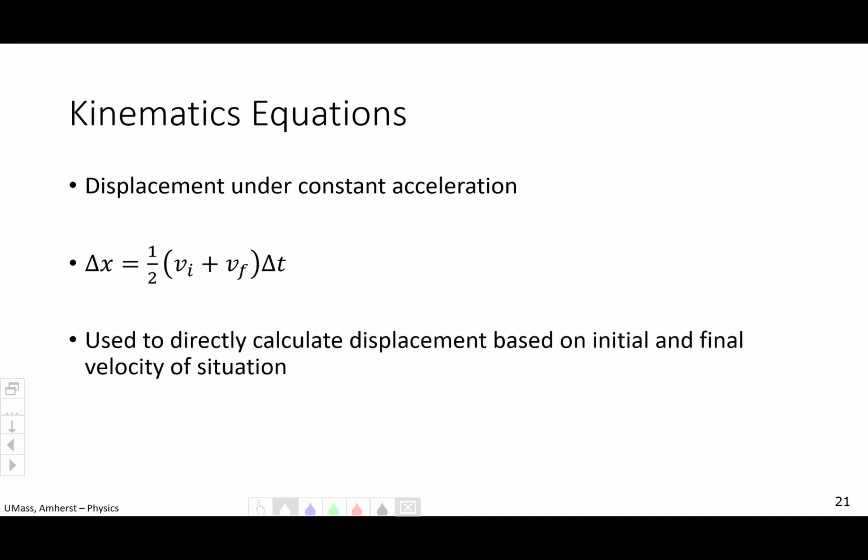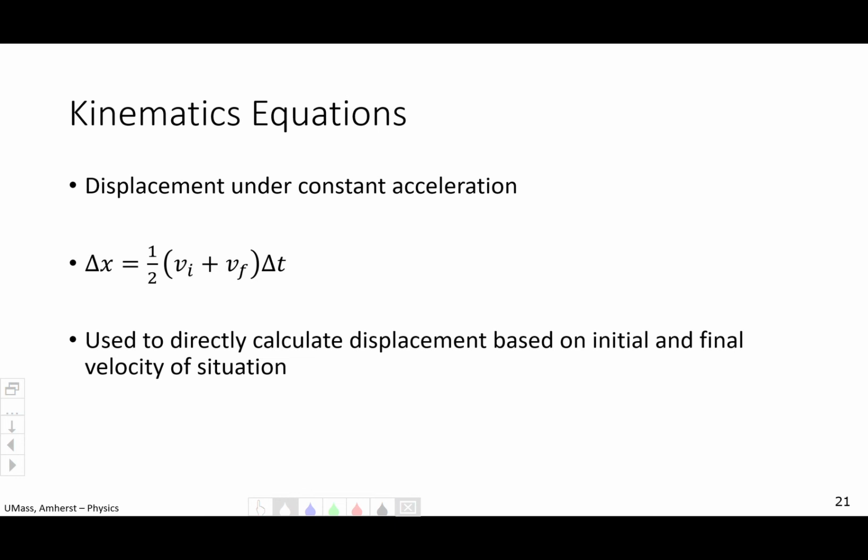So one of the kinematics equations. The kinematics equations are a bank of equations that are all used to solve problems of motion. They each require different types of information, and they each output different types of information, all related to motion. So this is the displacement under constant acceleration formula.